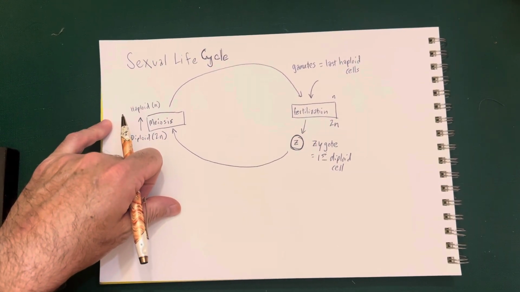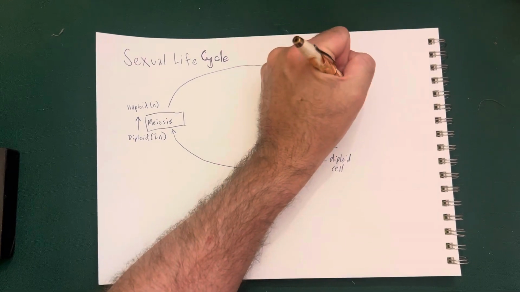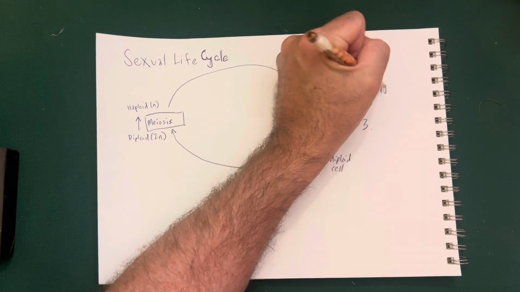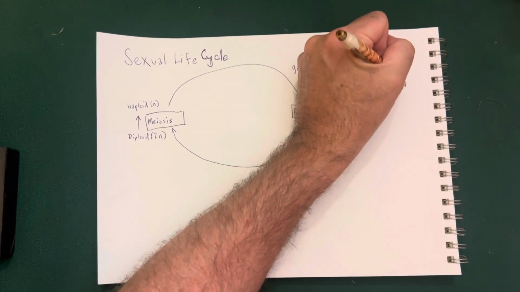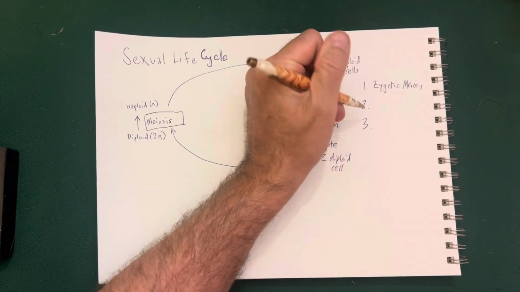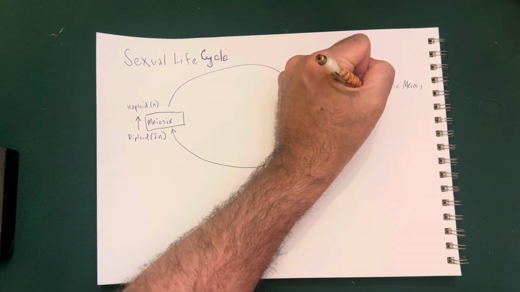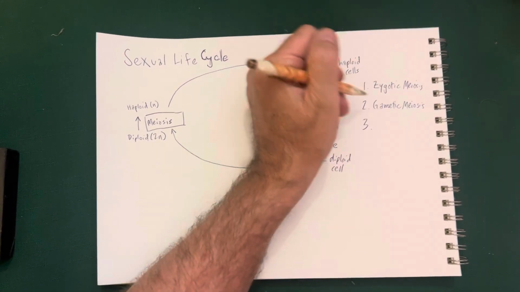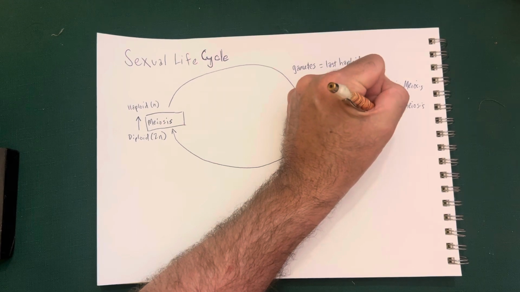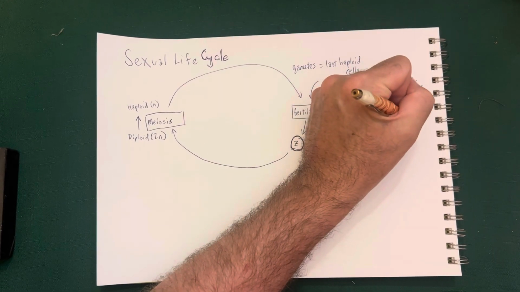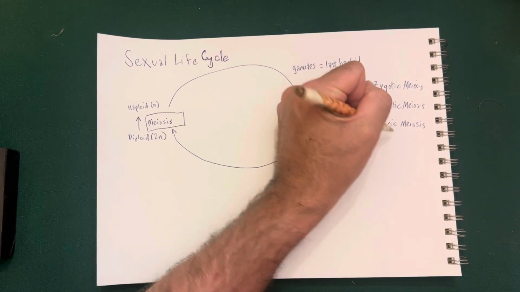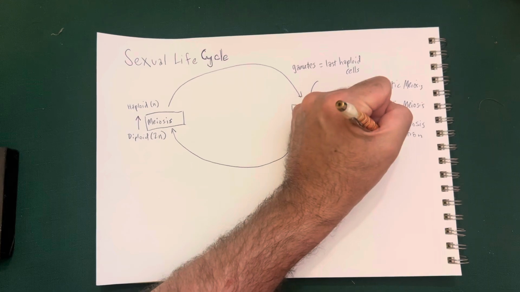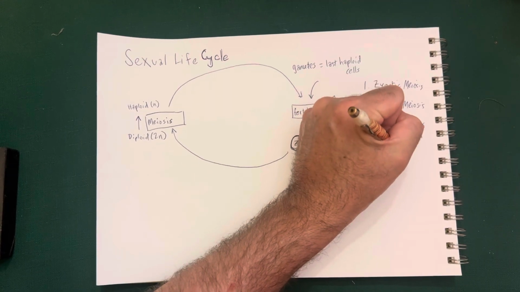Generalized case. There are three variations on this theme. We've got zygotic meiosis, we've got gametic meiosis, and we have sporic meiosis, more commonly referred to as alternation of generations.